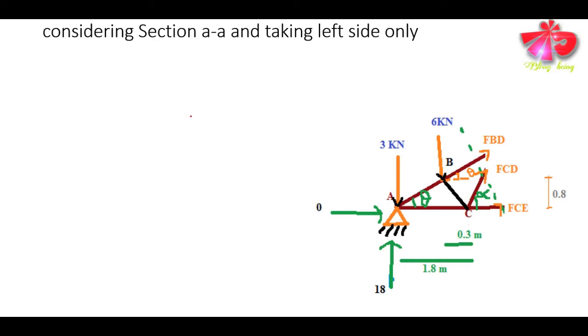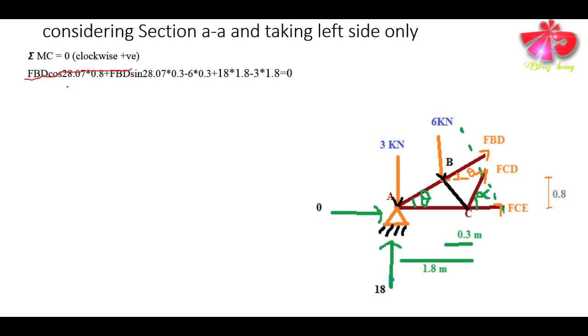So let us see what will happen if we take the summation of moment at joint C equals to 0. I will take the summation of moment at joint C equals to 0, and I will take clockwise as positive. Then in that case, what will happen is FBD into cos 28.07.